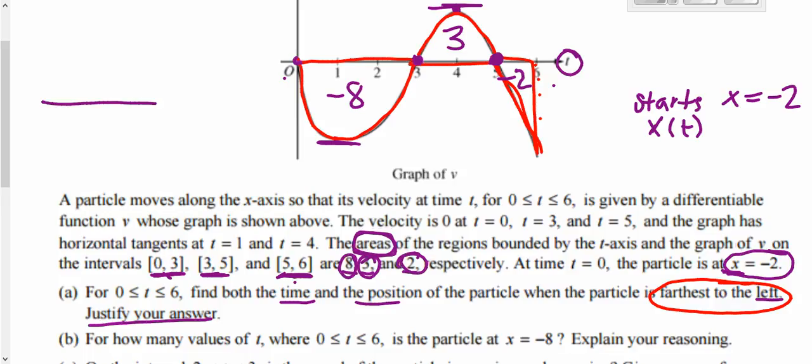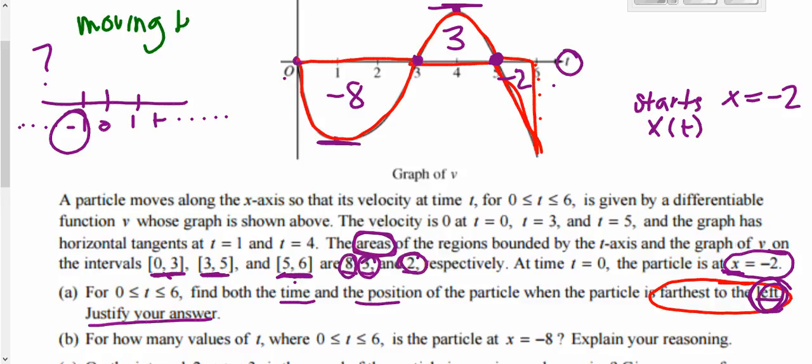Well, think about a number line. If we start at 0, well, all our positive numbers are over here. All of our negative numbers are over here. So when it says left, it's asking about this side, our negative side. So when we're talking about movement and we look at these numbers that we've given, moving left is when your velocity is negative.